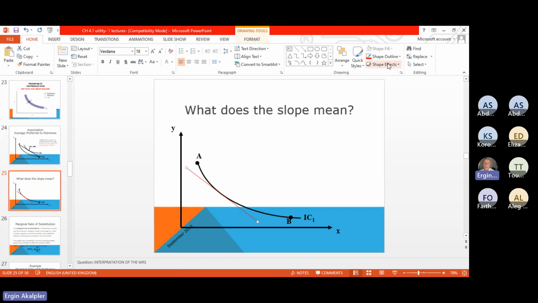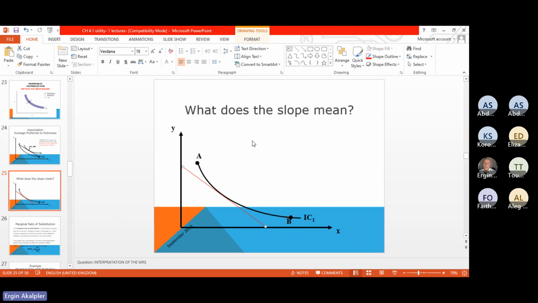You may say it is the better combination of x and y. Therefore, where the budget constraint, this red line, is here, you see, if this is tangent to this indifference curve, then we have this better-off position for this given indifference curve.